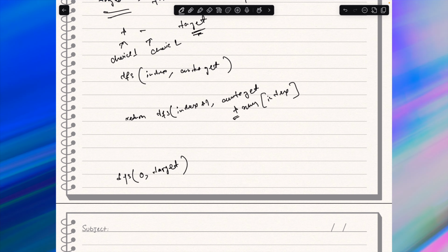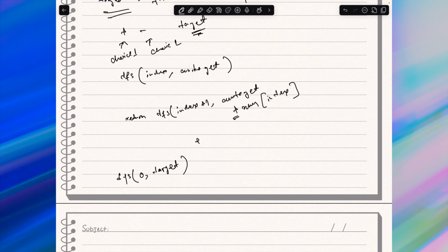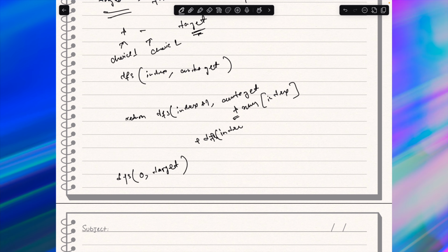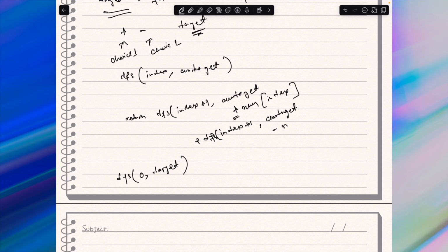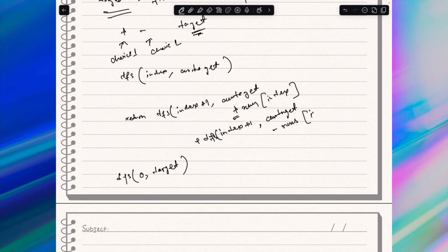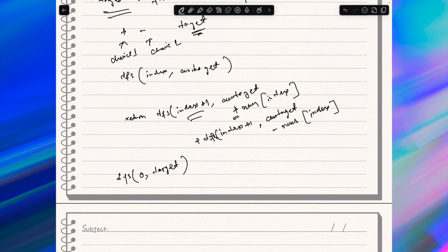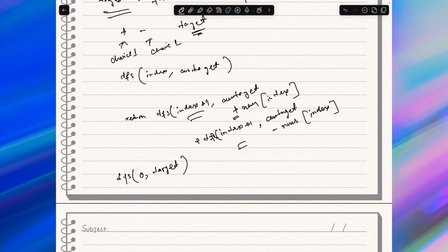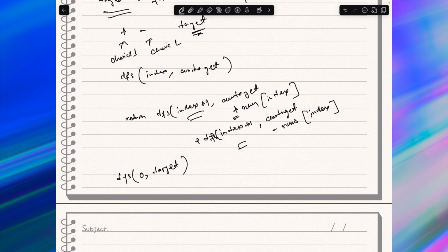And another one, choice 2, would be DFS of index plus 1, comma, current target minus nums of index. So this is choice 1 and this is choice 2. As we need to find the number of ways, we can add the 2 choices. And then we can write the base case over here.